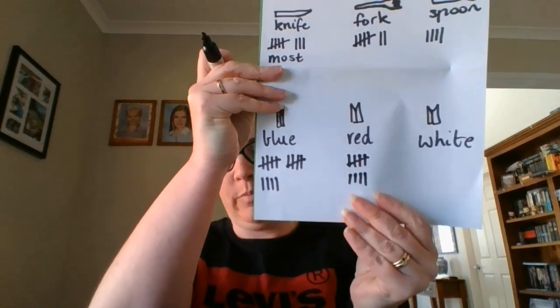1, 2, 3, 4, 5. So my line goes through. 6, 7, 8, 9. So I had 9 pegs. 5 and 4 more. And last one with the white one.